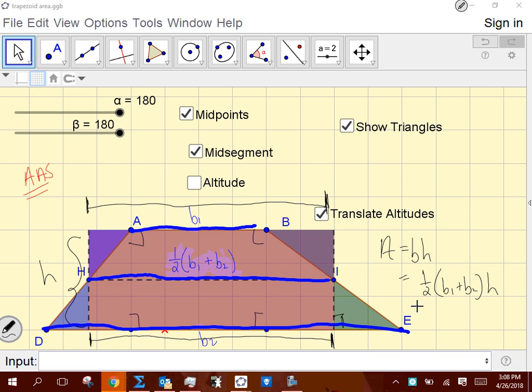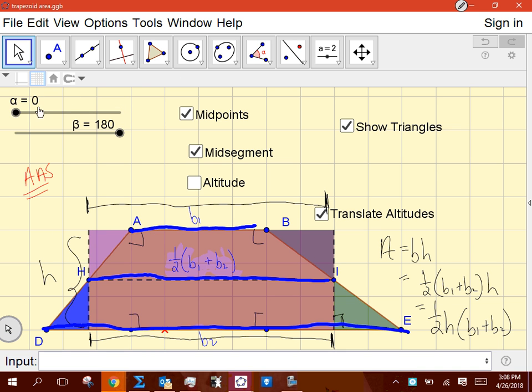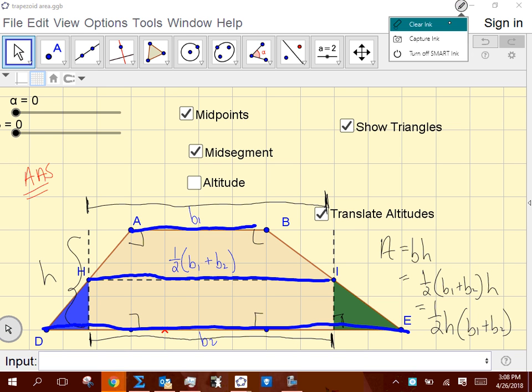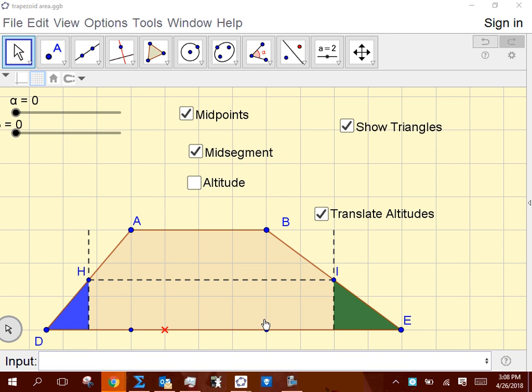So I get 1/2 h (B1 plus B2) to be the area of that rectangle, right? Well, the area of that rectangle is simply the area of that trapezoid that we started with, isn't it? So that process provides us that the area of a trapezoid is 1/2 h (B1 plus B2).